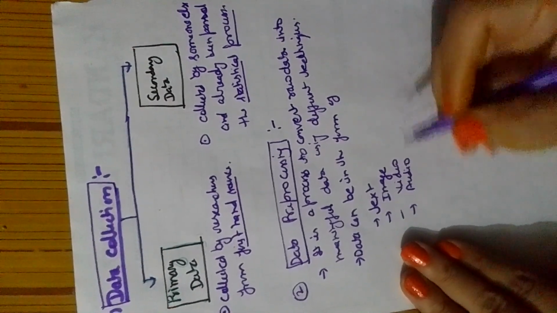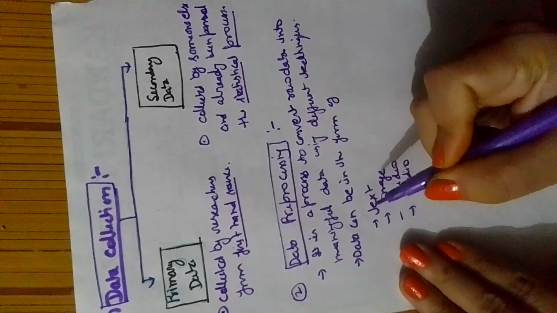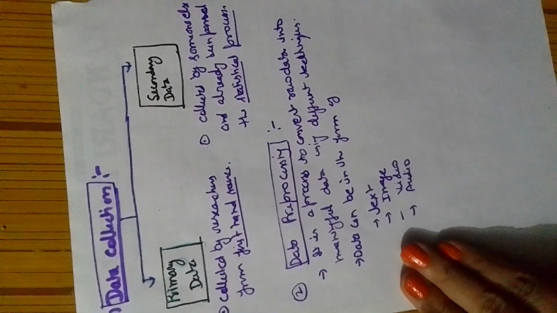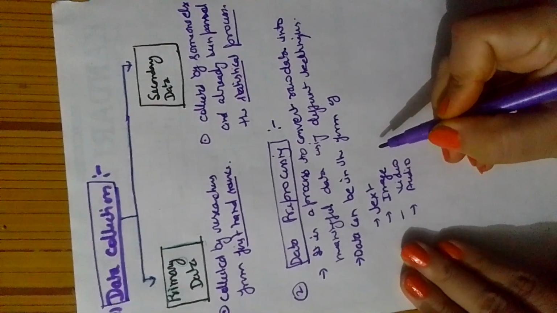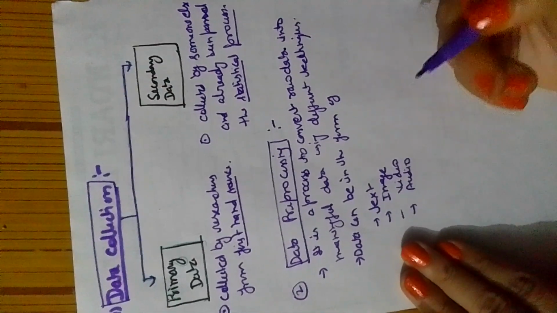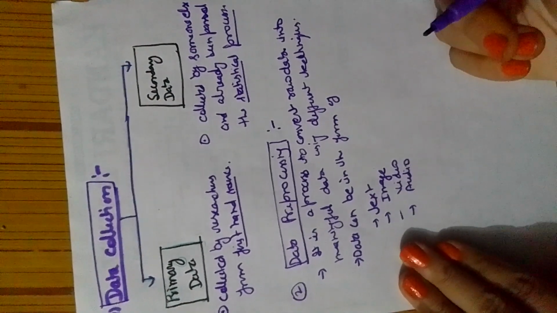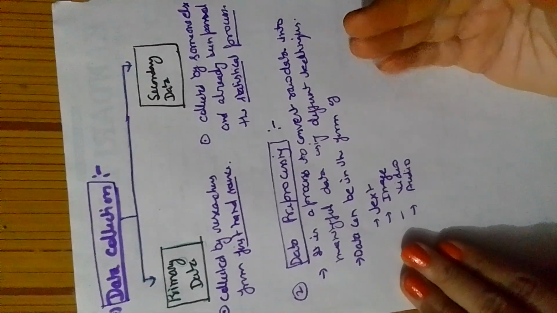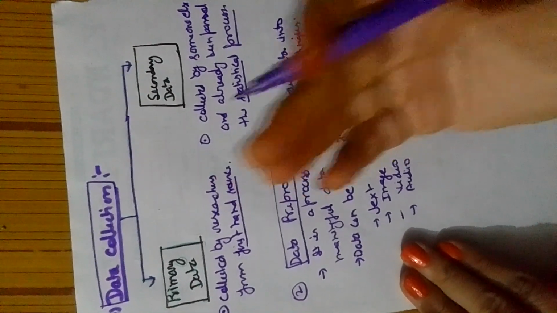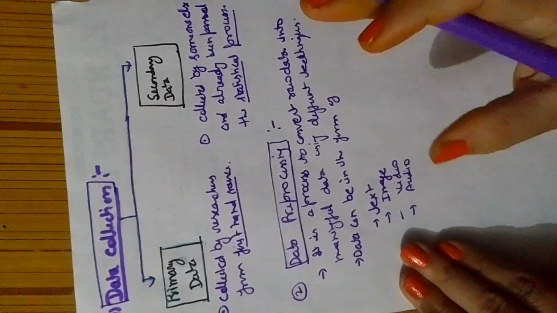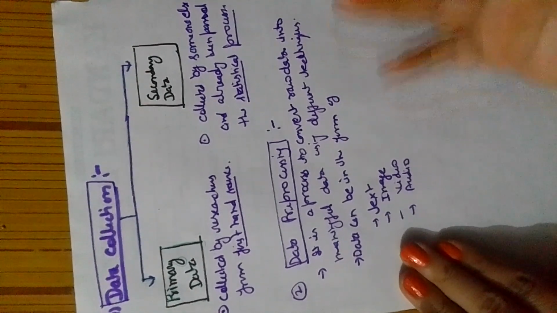Fine. So all these data can be incomplete. Incomplete means somewhere files are broken. Somewhere the file is in PNG format, somewhere it is in JPG format. Whatever the sources are, they will collect the data in different formats.